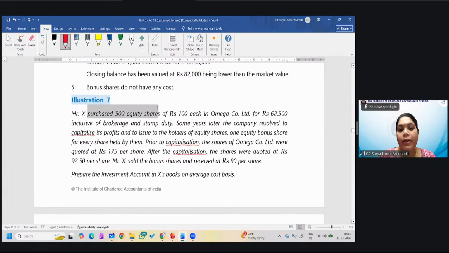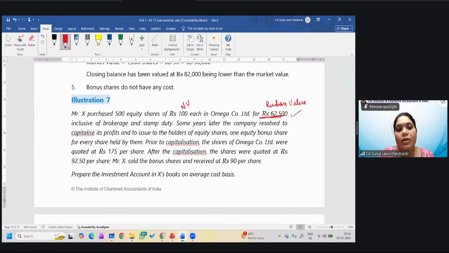Mr. X purchased 500 equity shares of 100 each in Omega company. This 100 will be what? Nominal value, correct? 100 will be the nominal value. And what did he purchase for? This is the purchase value. In the previous question, they gave you a per share value. They gave you the percentage of brokerage and stamp duty separately, and then you calculated the cost. But here, the cost is directly given to you, right?